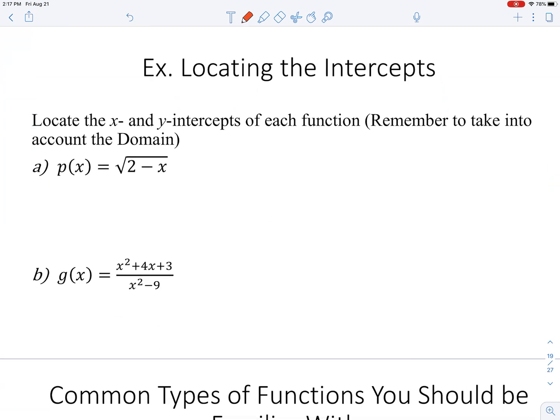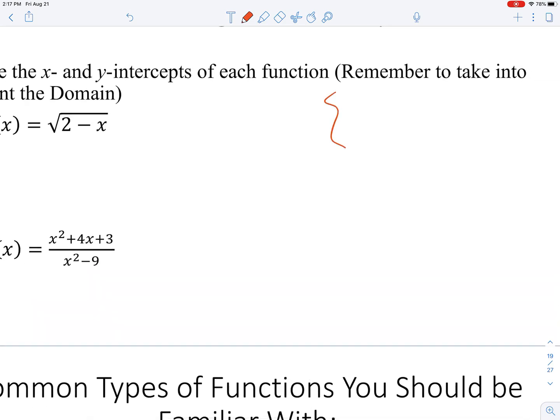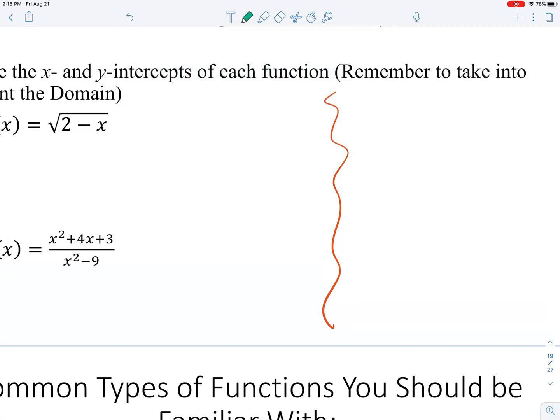Okay, so practicing locating the intercepts, the x and the y intercepts. And you need to be careful making sure that you're thinking about the domain. Okay, why don't we cut this in half? On the left here, I will locate the x-intercepts.